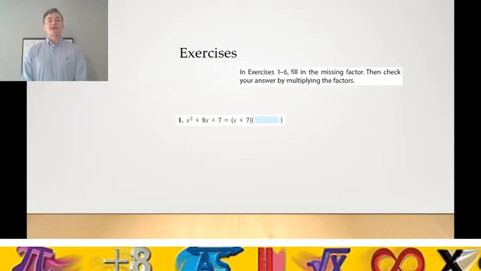For x squared plus 8x plus 7, we are given one of the factors. X plus 7 is going to multiply some other factor, and that is going to result in an x squared plus 8x plus 7 trinomial. So the question here is, what do we need to multiply to the x plus 7 in order to get that trinomial? That will be our missing factor.